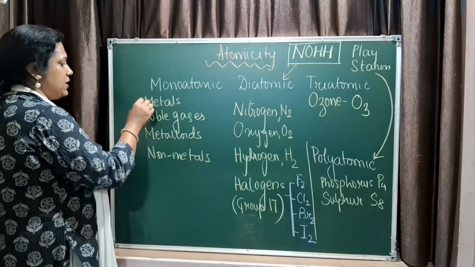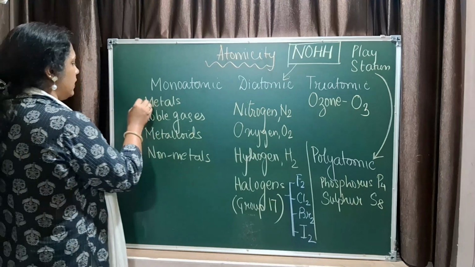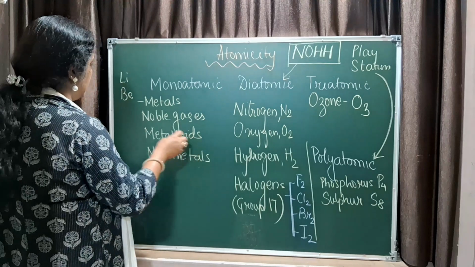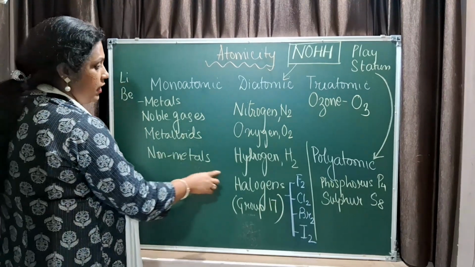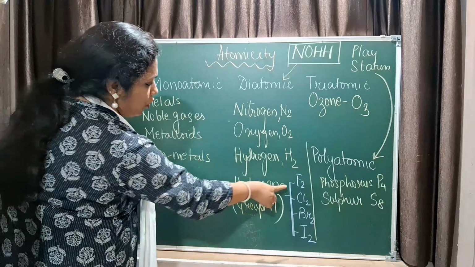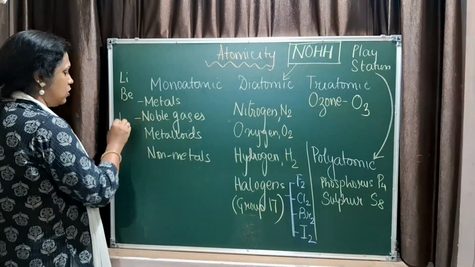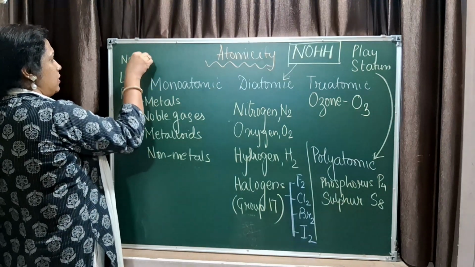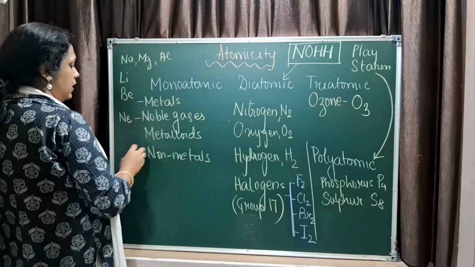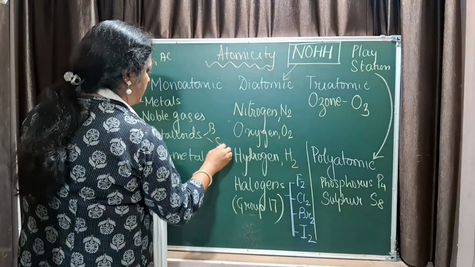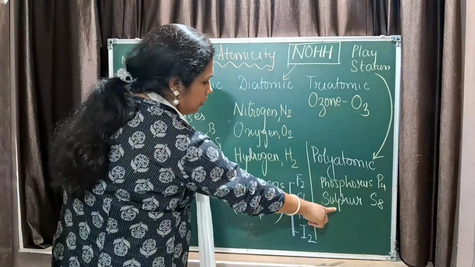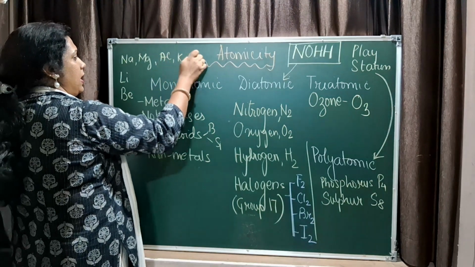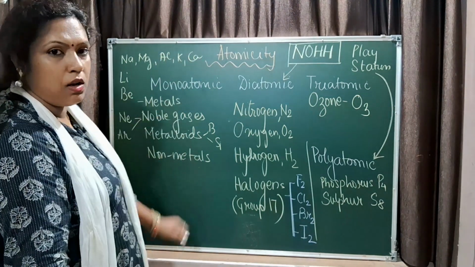For example, lithium, a metal, beryllium, boron is a metalloid, carbon is a non-metal, nitrogen, oxygen, fluorine, neon is a noble gas, sodium, metal, magnesium, aluminium, silicon, that is boron and silicon, then phosphorus, sulfur, chlorine, argon, potassium, calcium. These are all monoatomic.